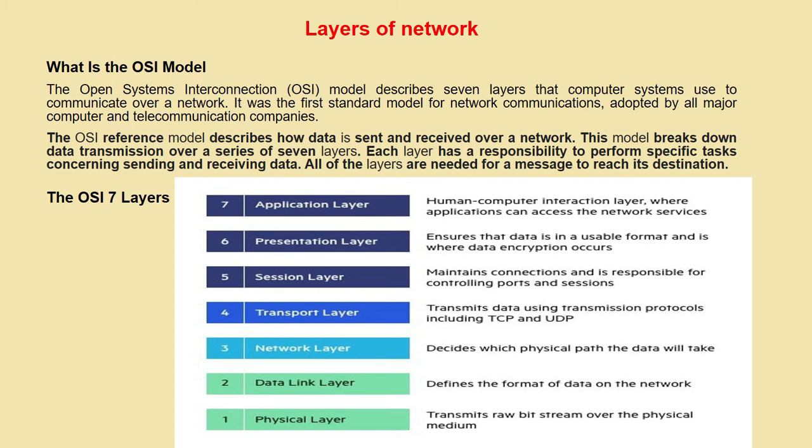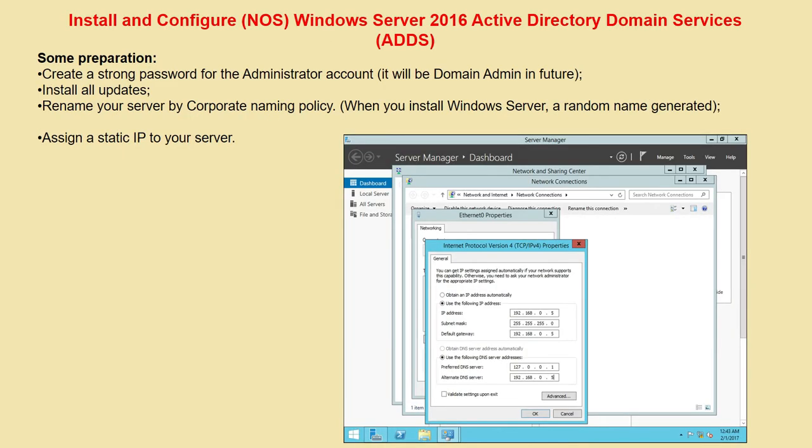Then the seventh one is the application layer, the human-computer interaction layer, where applications can access the network services. So this is all about the layers of network. In cryptography also you have lots of ideas about these layers of network related to the OSI model. Now next is the installation and configuration of the network operating system.